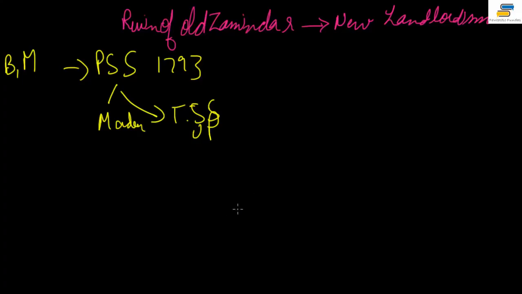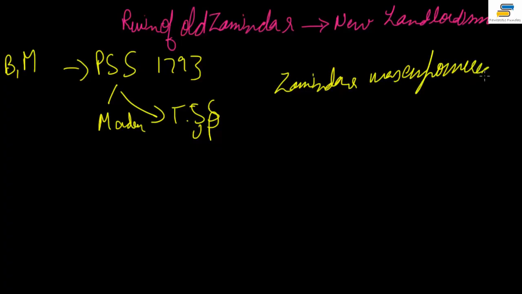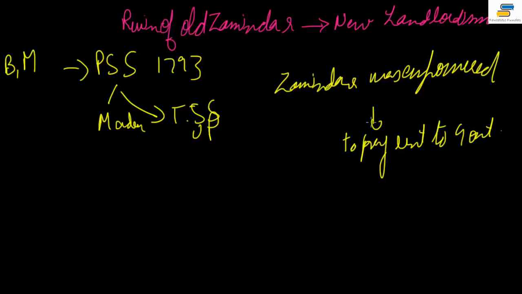Now, in order that the zamindars were able to pay the rent to the British government, the government gave them power. They were empowered to collect maximum rent.